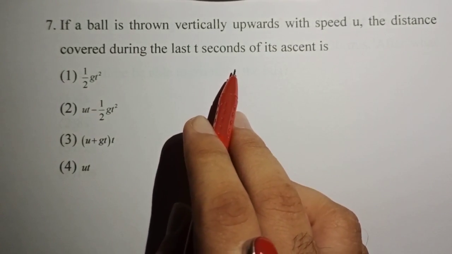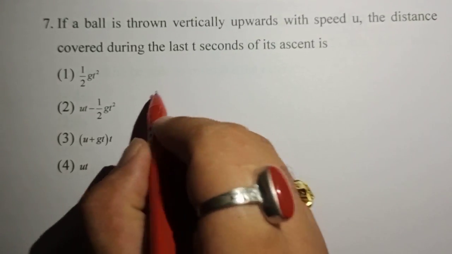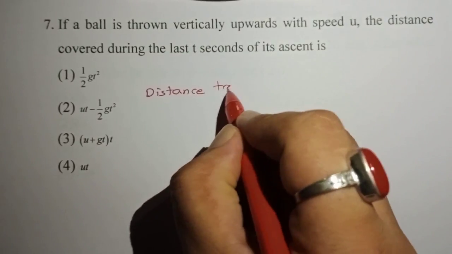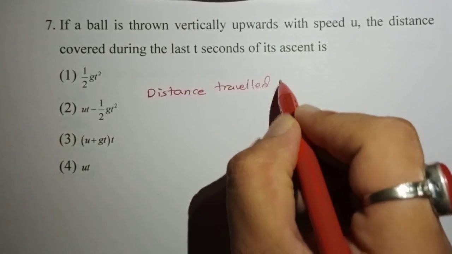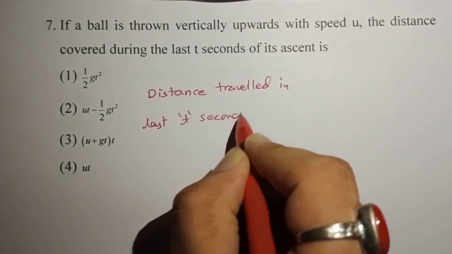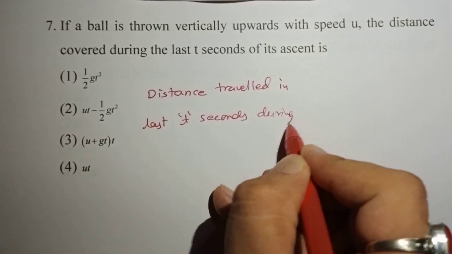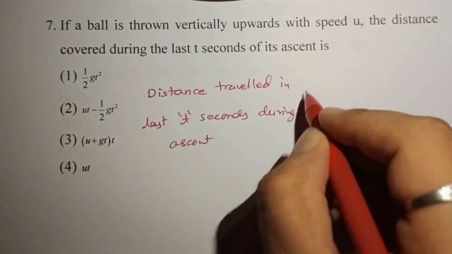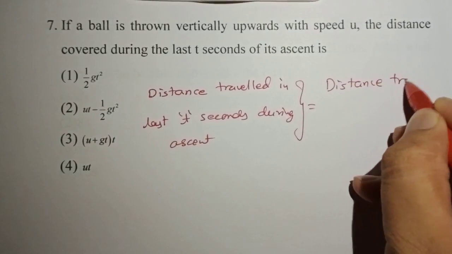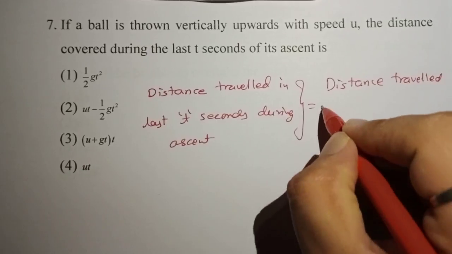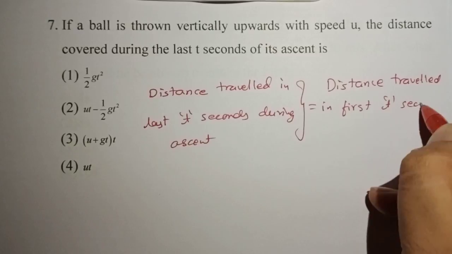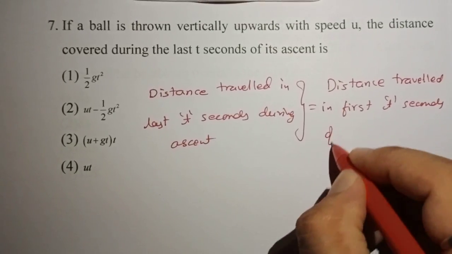For this we need to know one concept: the distance traveled in the last t seconds during ascent is equal to the distance traveled in the first t seconds during descent.